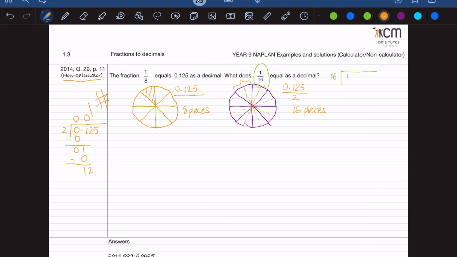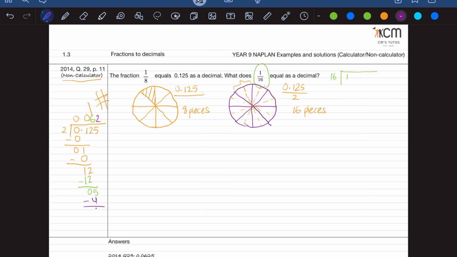There's 2 now. What multiplies by 2 will give us 12? 6 multiplied by 2 will give us 12. Well, now it's become 0. Drag down 5. There's this remainder of 5. What multiplies by 2 will give us the closest number to 5? 2 times 2 will give us 4.